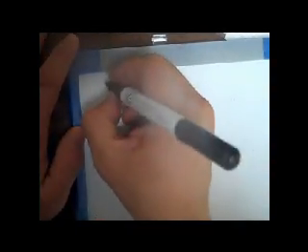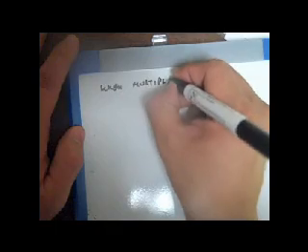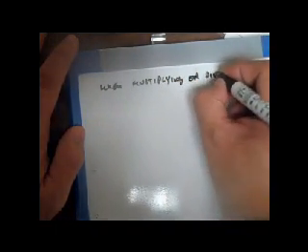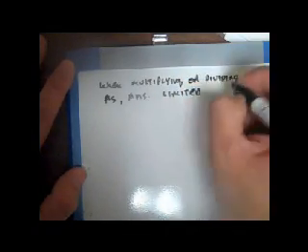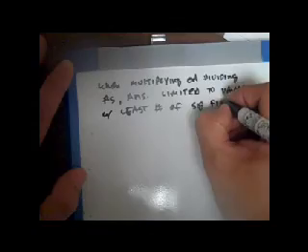Now, when multiplying or dividing numbers, the answer is limited to the value with the least number of sig figs. Okay.